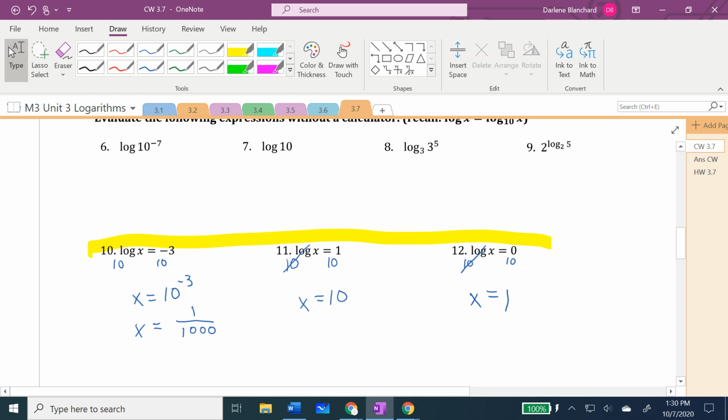Take a really good look at them. With 6 and 7, you should see that log without a base written is understood to be log base 10. If what's in your logarithm is that same base number to a power, you can quickly solve it or evaluate.